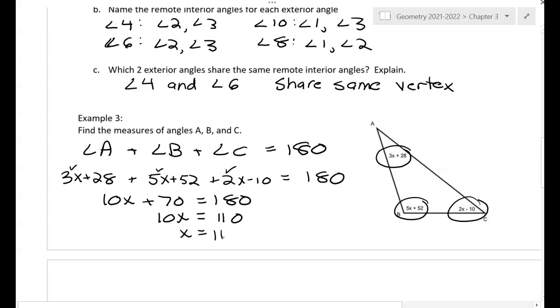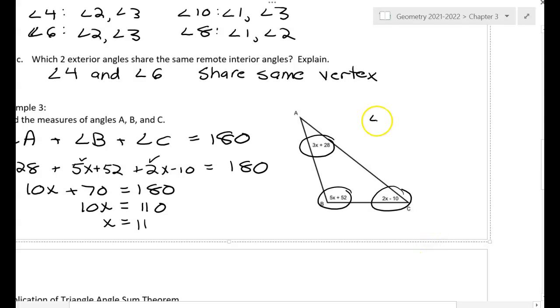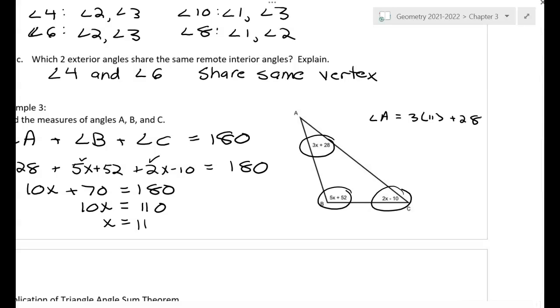So that's my x. Now I'm going to use that x, and I'm going to plug into each of these expressions to get the measure of the angle. So angle A is going to be 3 times 11 plus 28. So 33 plus 28, I get 61.